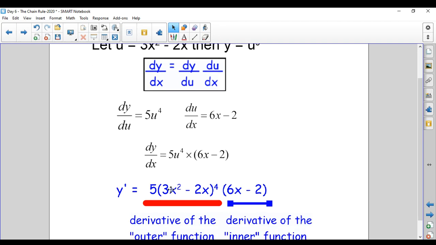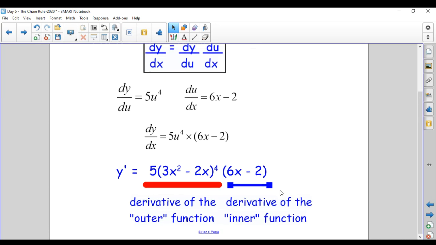So here's your u function being substituted back into your derivative. So you have the 5, the u function to the power of 4, and then you multiply by that the derivative of the inside function, which is 6x minus 2. These two together represent the derivative of the original function with respect to x, right? So you take the derivative of the outer function, multiply by the derivative of the inner function.